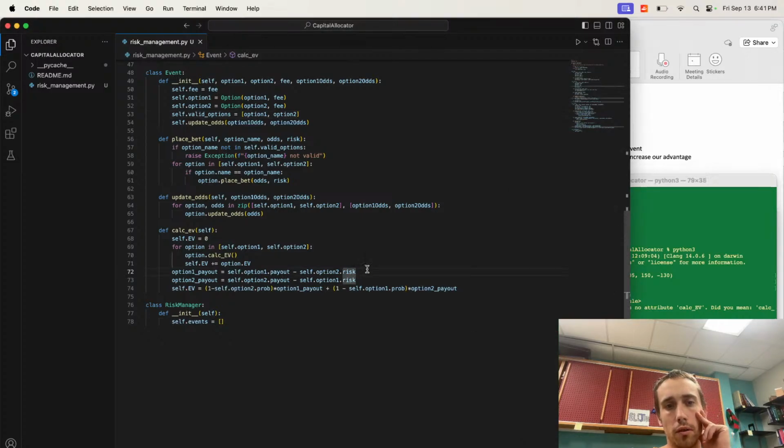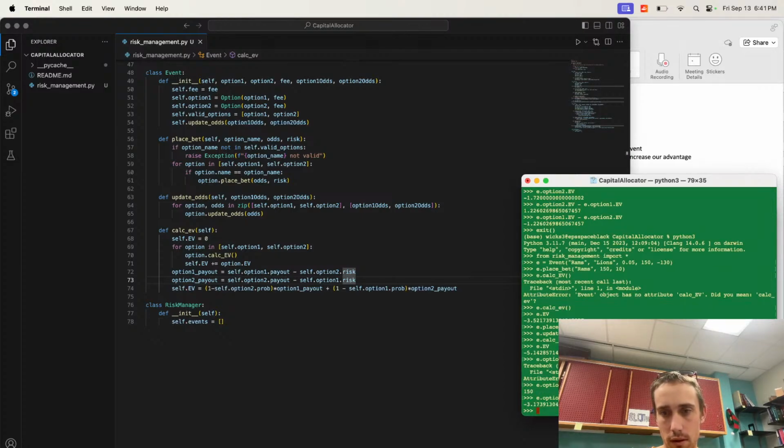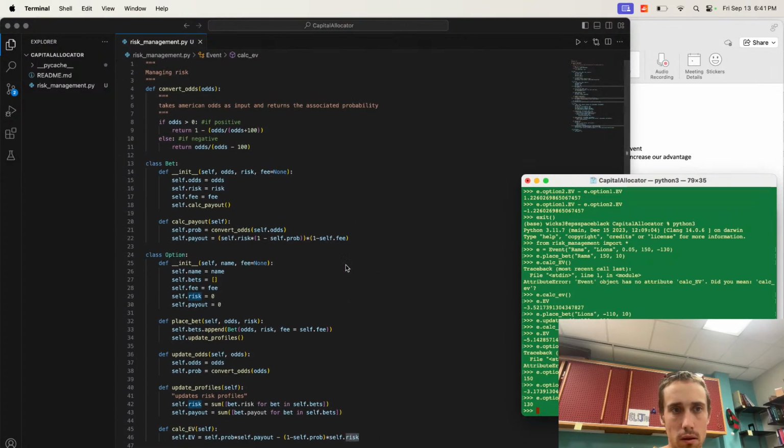Option 1 payout equals self.option1.payout minus self.option2.risk. E dot option 1 dot EV, is that positive now? No. Dot odds.